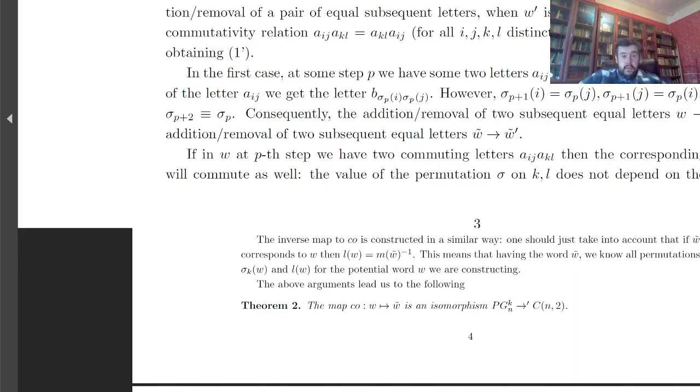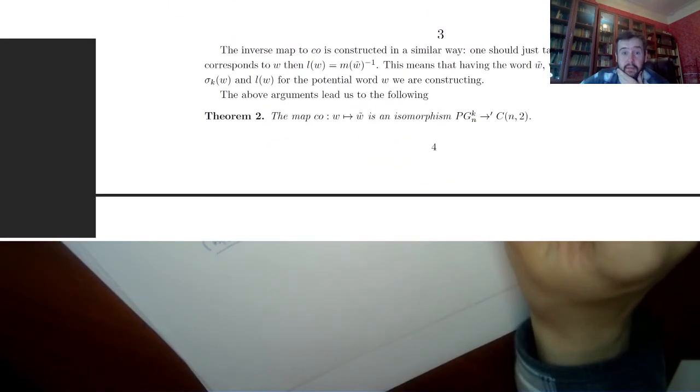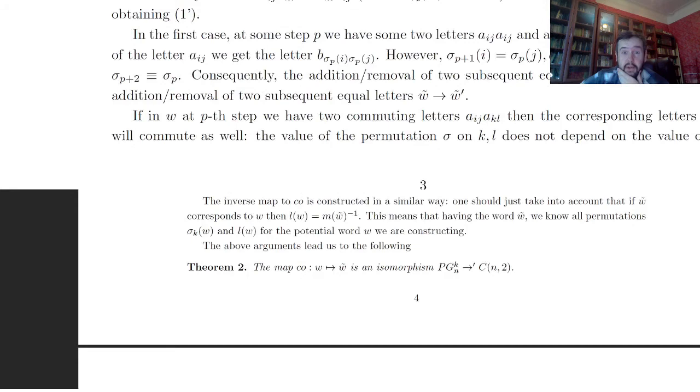So here is my archived version of paper, right? Here is my archived version, and I'm very interested in the following problem. Can we do the same for groups GN3?